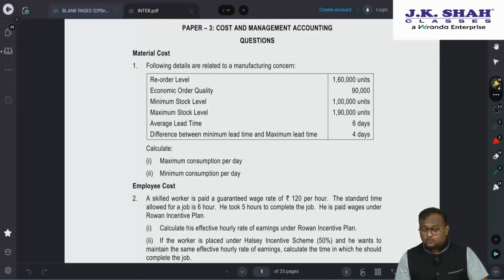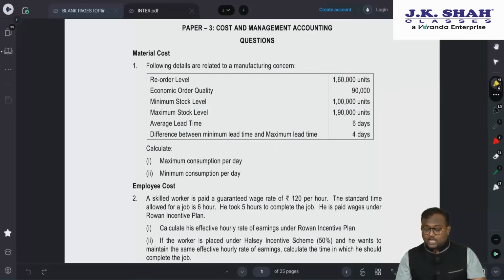Following details are related to a manufacturing concern. Reorder level is given to be 1,60,000 units. Economic order quantity is 90,000. That means the moment your stock level reaches 1,60,000 units, you place an order for 90,000 units.